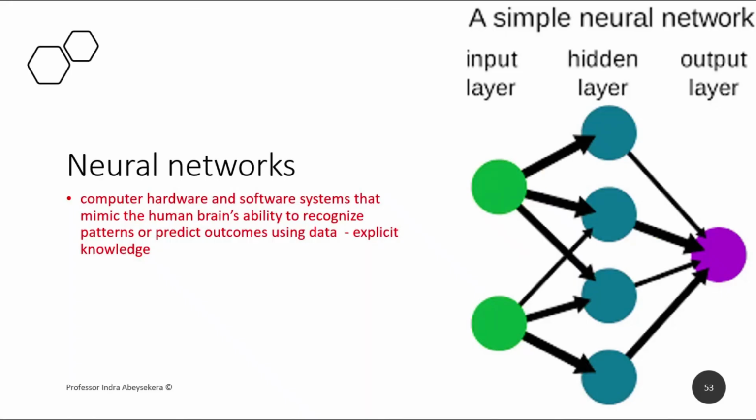Neural networks are where computer hardware and software systems mimic the human brain's ability to recognize patterns and predict outcomes using data to come up with explicit knowledge.